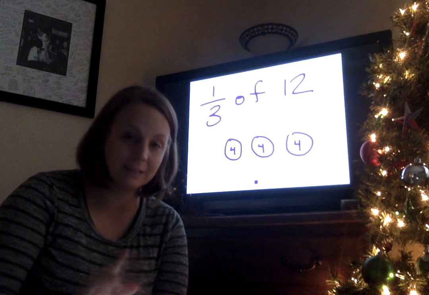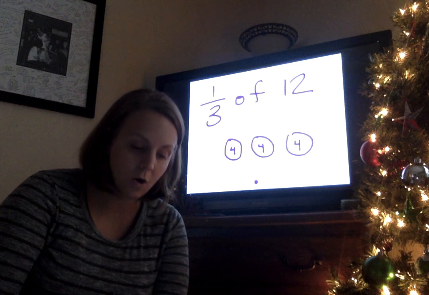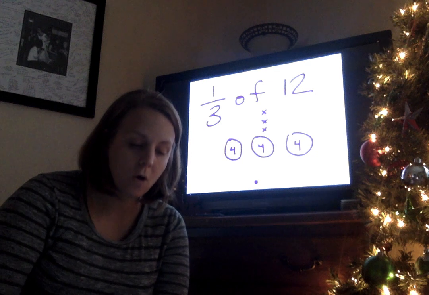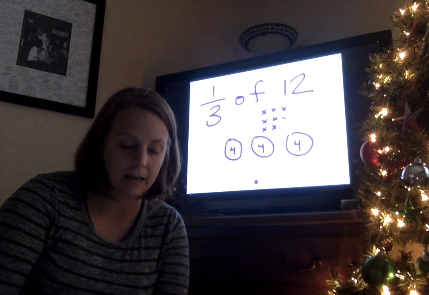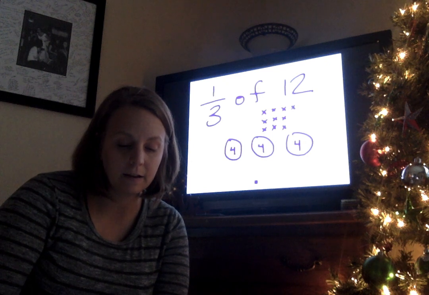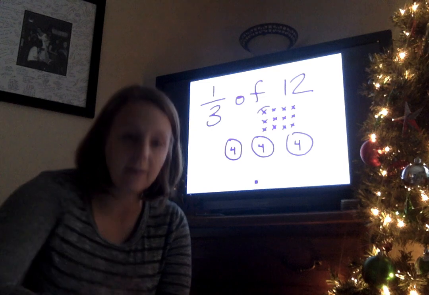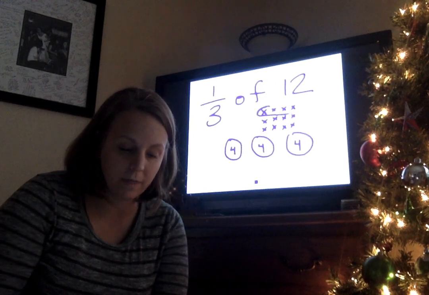Another way you can do it is to say, I've got 3 even groups, so let's make an array. 1, 2, 3. I'm going to count up to 12. 4, 5, 6, 7, 8, 9, 10, 11, 12. And then I'm seeing this as this. This is 1/3.